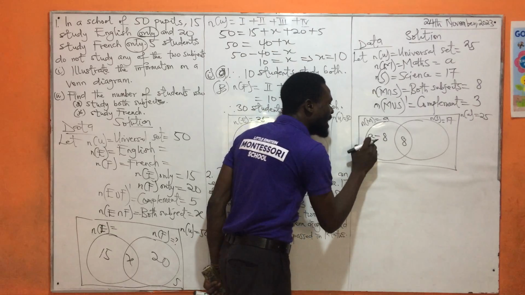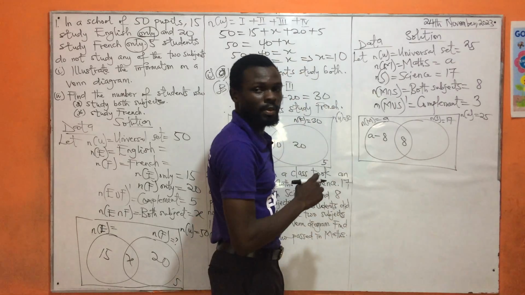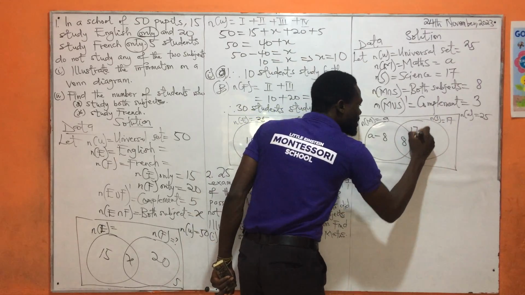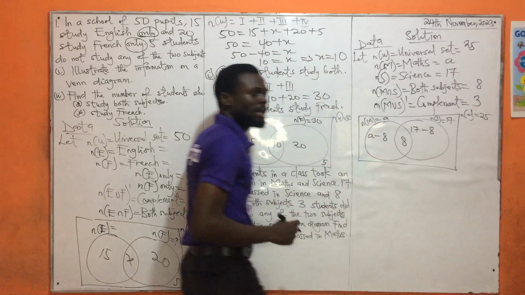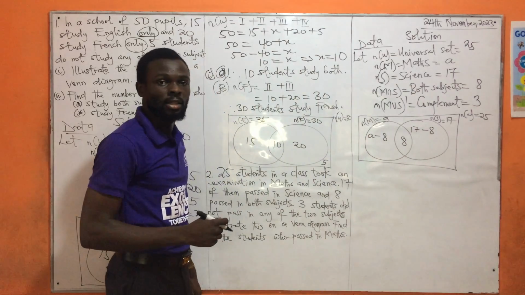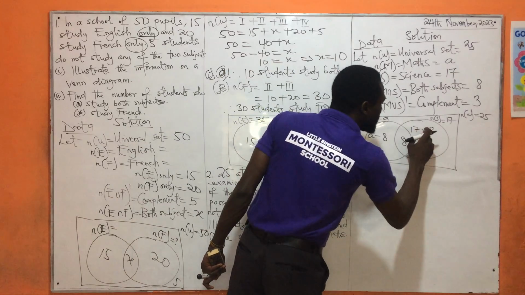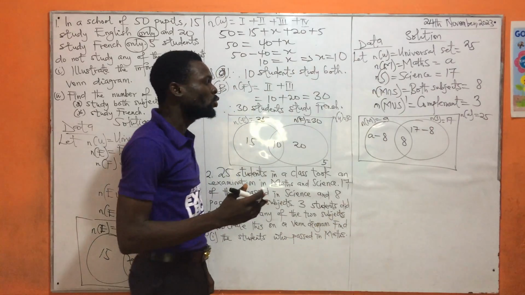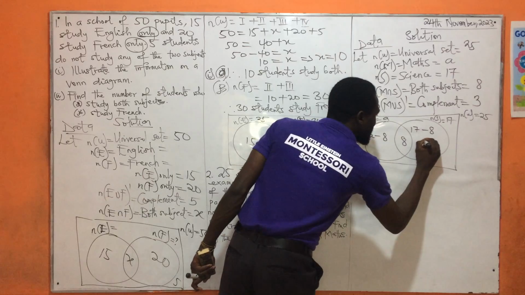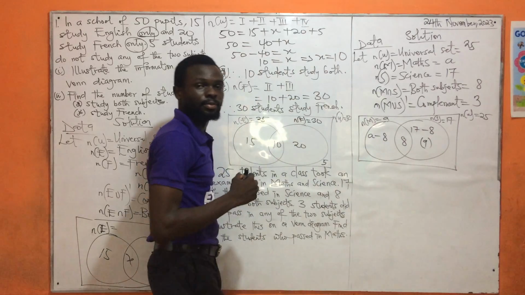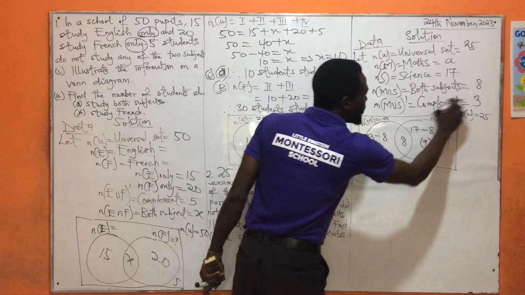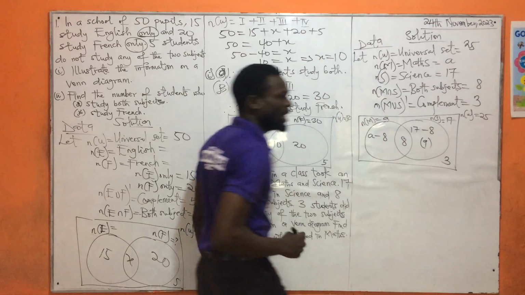So this becomes A minus 8. Also, drop the 17, subtract the intersection. So you are having 17 minus 8. And to do this calculation, we are getting 9 as our answer. Then 3 as complement is written here.